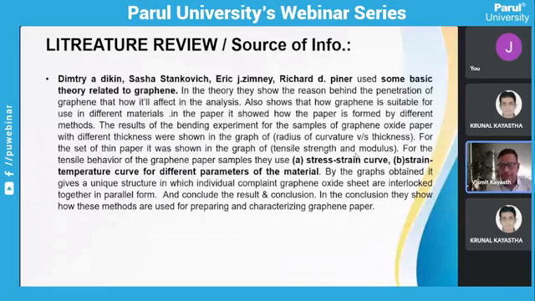Okay, so they showed how graphene is suitable to use in different materials. In the paper, it showed how different methods could be used to extract it, how to show the results in bending material, and how this graphene oxide, that thin layer of paper, can come out with a graph for radius of curvature versus thickness, and also for the tensile strength and the modulus.